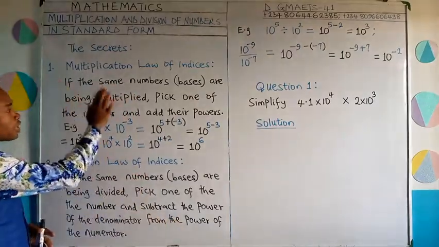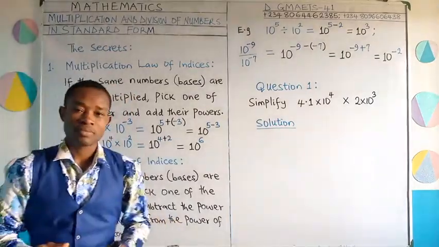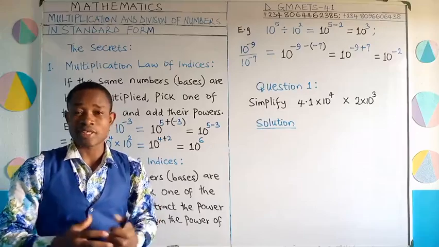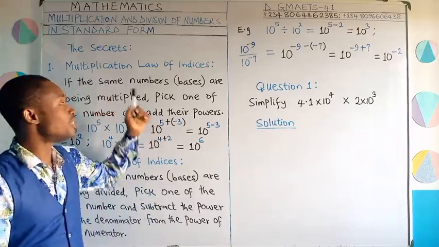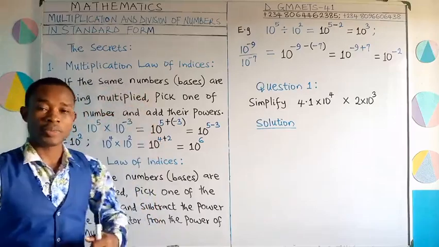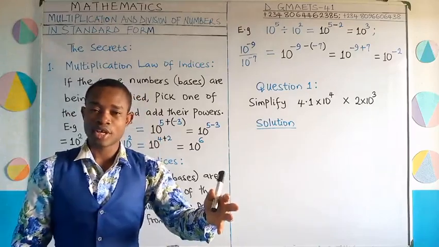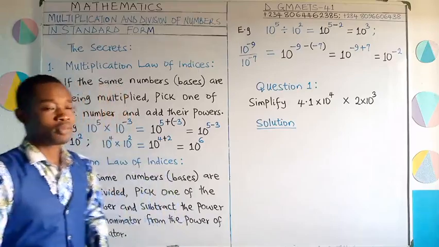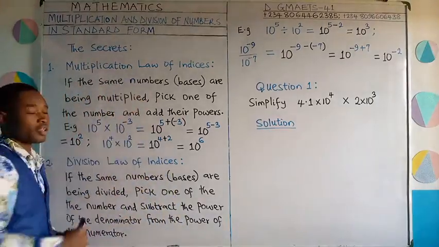Number one, multiplication law of indices. If you're given two or more numbers in standard form to multiply, you need this law of indices called the multiplication law to guide you in order to do this multiplication successfully. And what does this multiplication law of indices say?